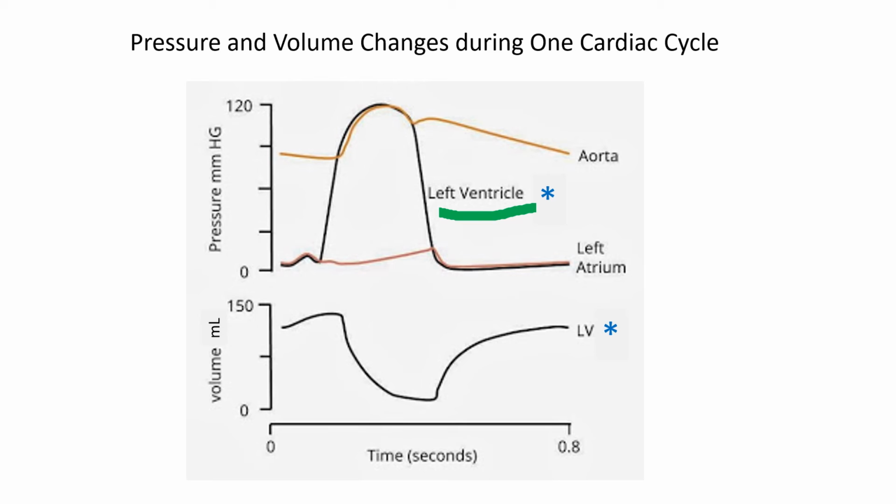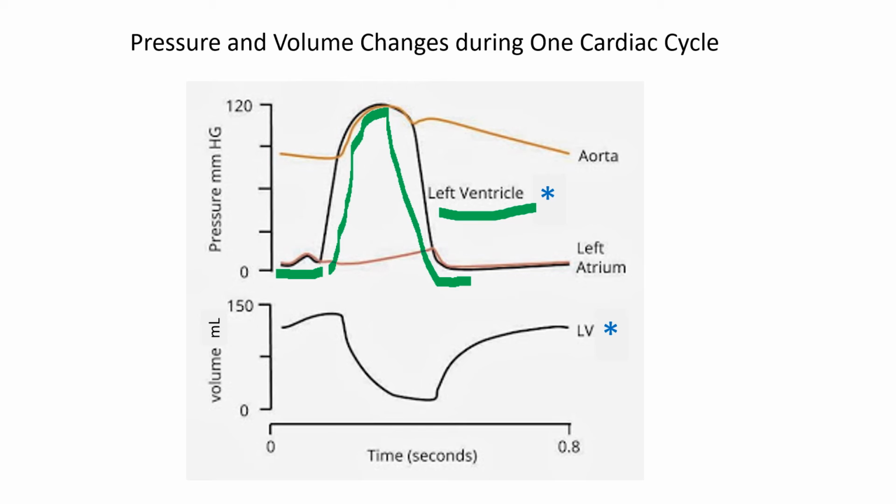So down here, where pressure in the left ventricle is relatively low, that must mean that the walls of the ventricle are relaxed. So this is ventricular diastole. Then, as the ventricle begins to contract, pressure gets very high. This is ventricular systole, when the ventricles are contracting. And then as the ventricles relax once again, that pressure falls and goes back to its low ventricular diastole level.